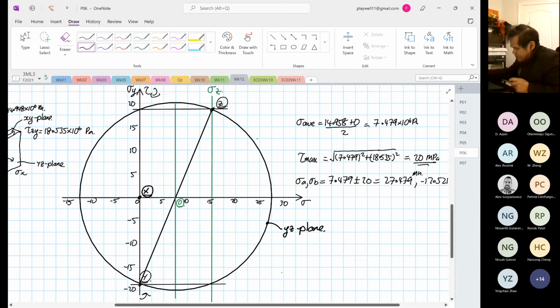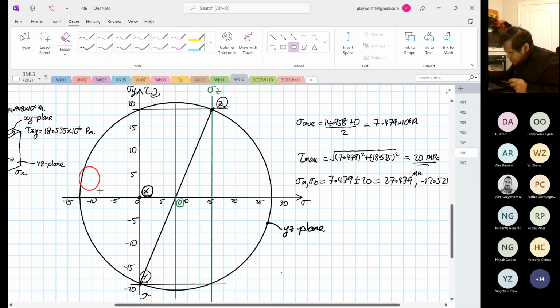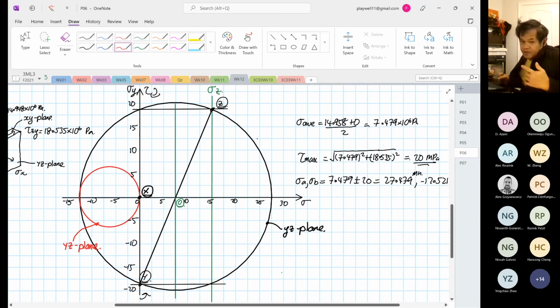Okay, so the next one is our XY plane. So I'm going to draw our XY plane circle. Okay, so as engineers, when we were asked to do calculation, we have to show all this. Why? Because if a building were to collapse or a structure were to fail based on your analysis, and I am the expert witness, I will know what is missing.